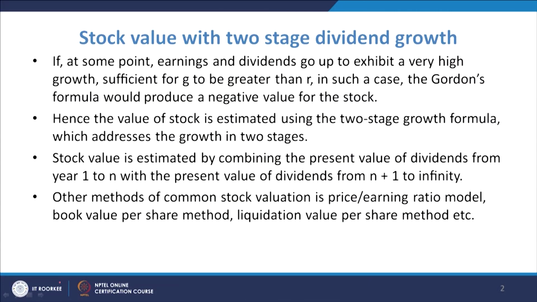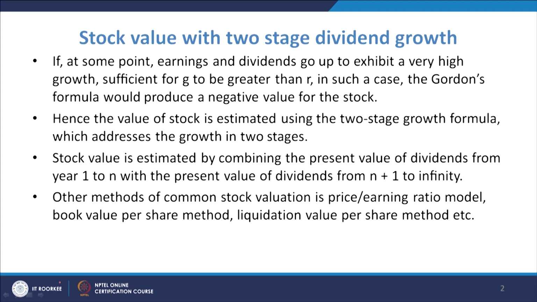So, as you know, if at some point earnings and dividends exhibit a very high growth and G becomes more than R, then Gordon's formula would produce a negative value of the stock.